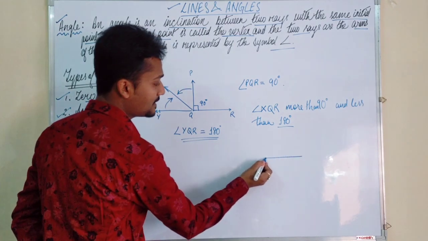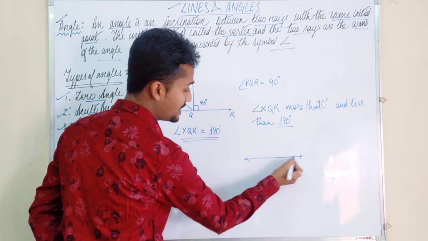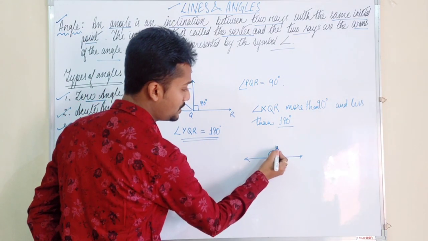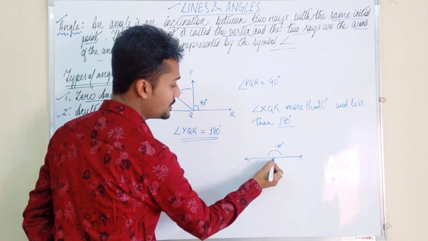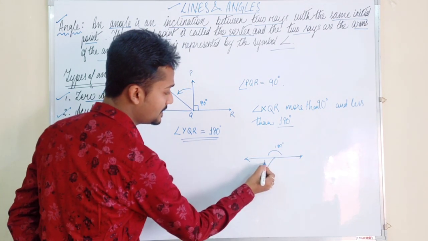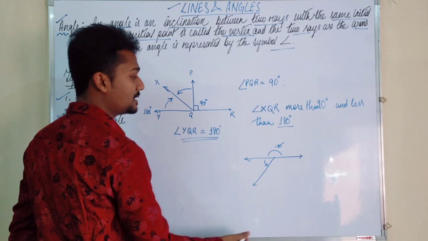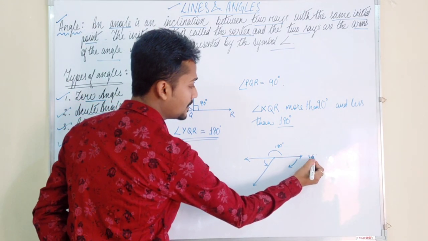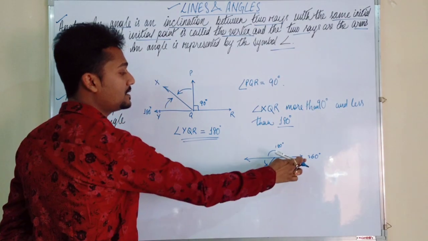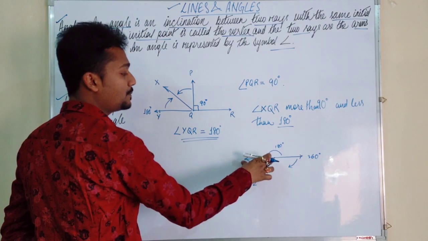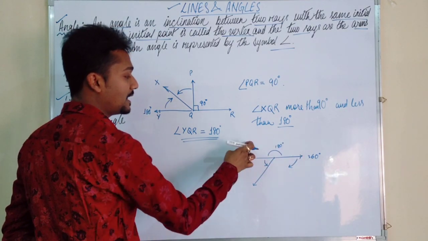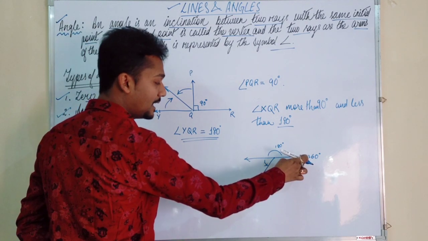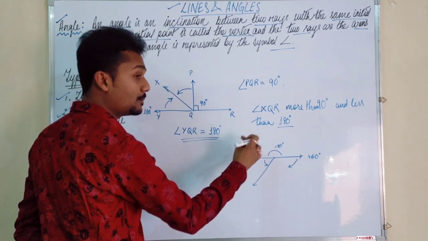Then comes reflex angle. Now let us take first a straight angle, which is equal to 180 degree. A reflex angle is more than 180 degree but less than 360 degree. How is it 360 degree? If this particular arm starts from here and ends here again, it becomes 360 degree, one complete round.